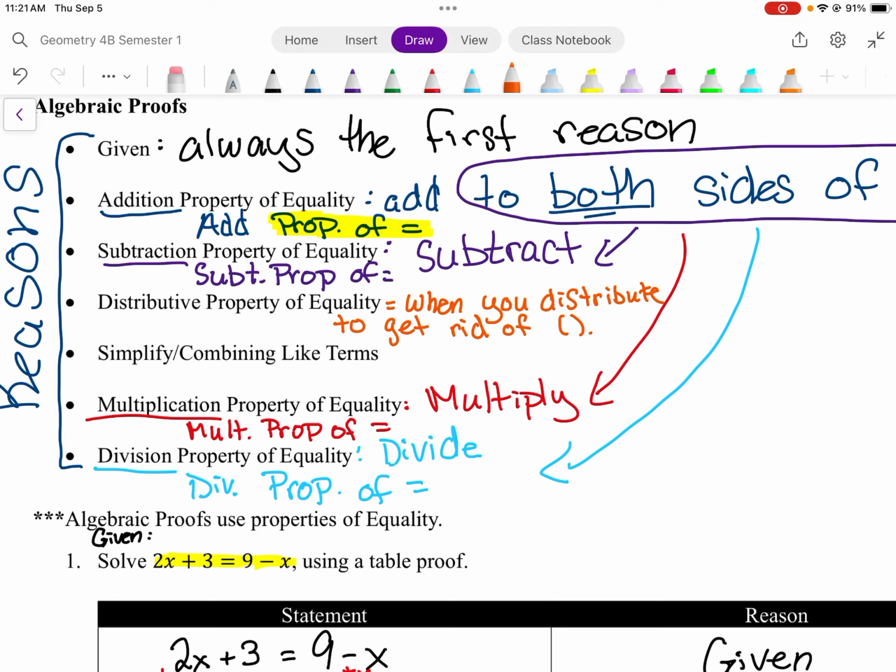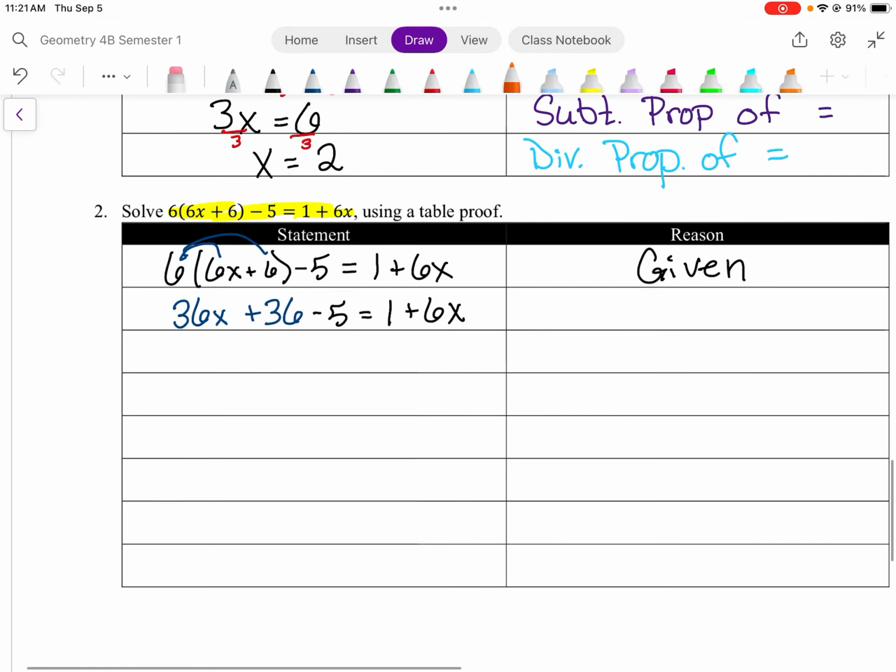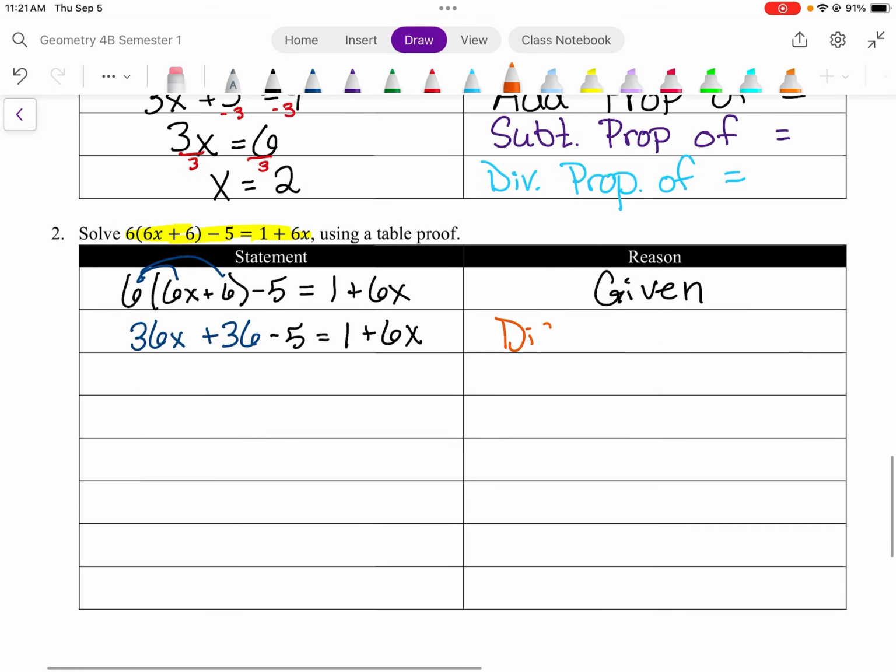So that is when you're going to use the reason distributive property of equality. And we can abbreviate distributive to DIST and then our prop of equality. So now we can go ahead and add that to our reason on our table. DIST, distributive prop of equality.